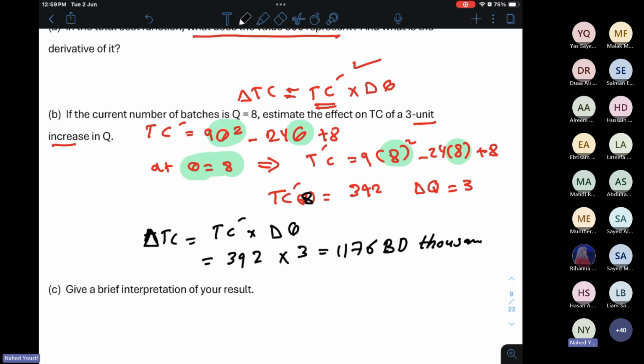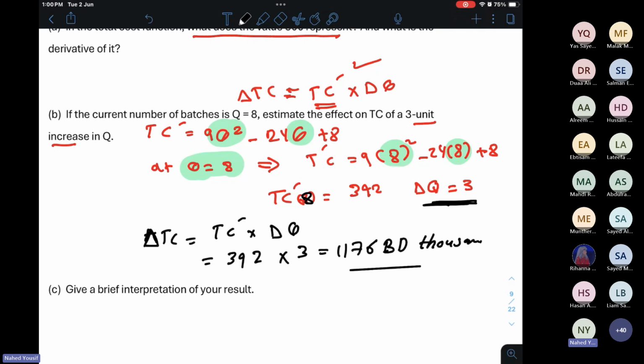That when we increase production, the quantity by 3 units or 3 batches per day, it will result in raising the monthly cost, because we are talking about cost, by 1,176,000 BD. Is that clear? We have to write it because they are asking for writing this statement.